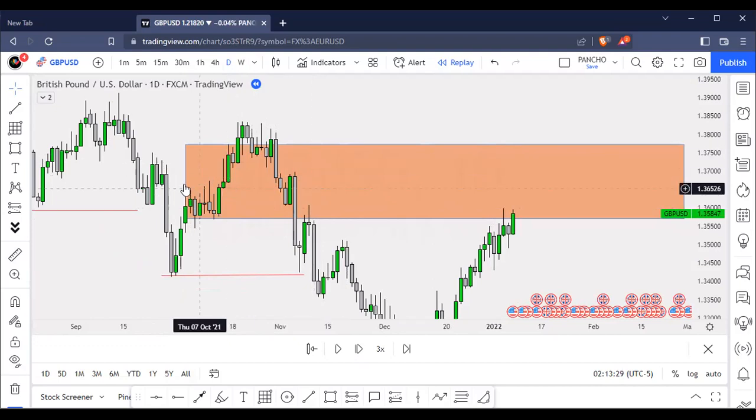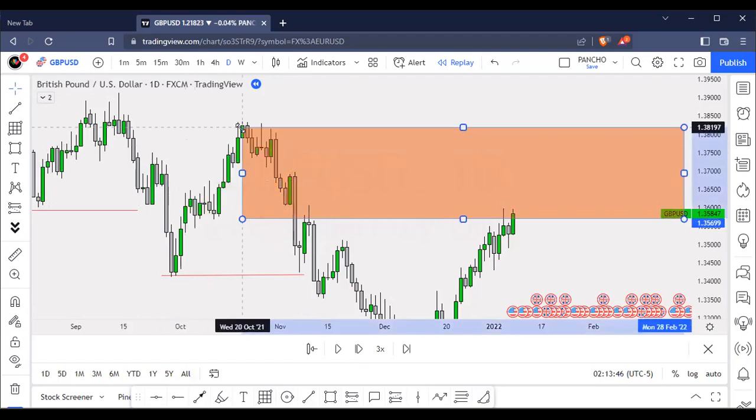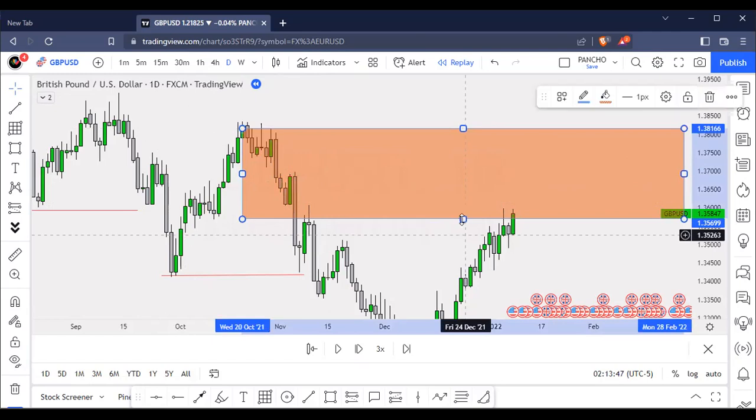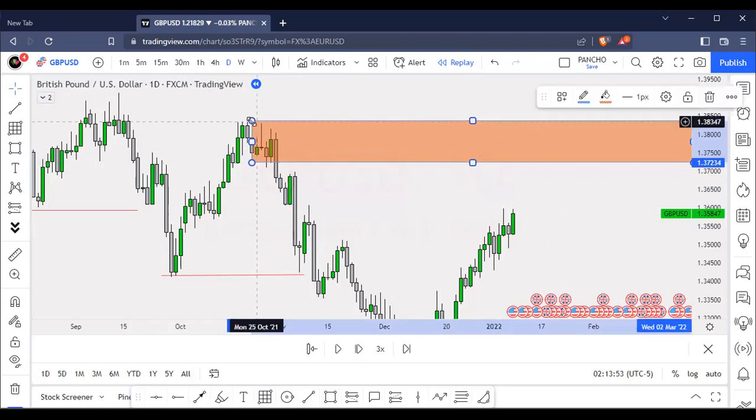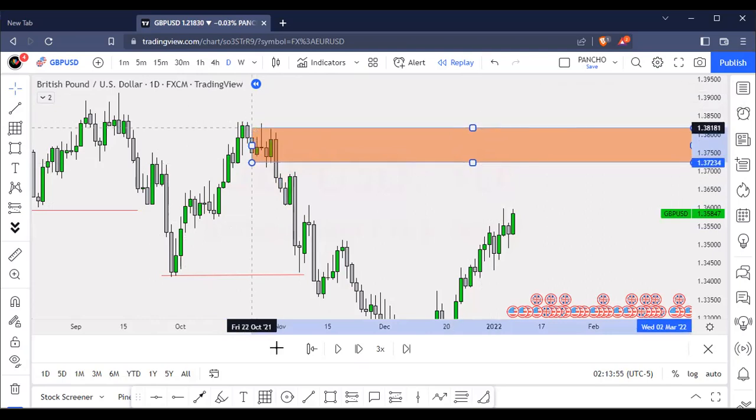In this area where we had the weekly order block, we have two order blocks. If you look at them, we have this one, we have this one, and also we have this one.